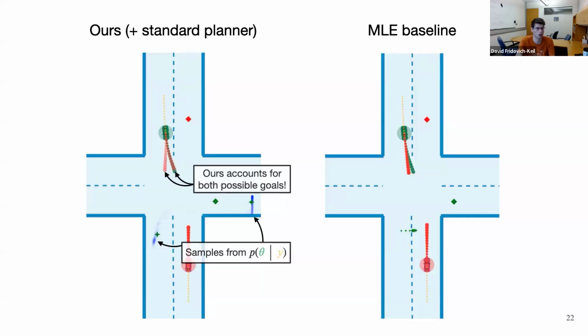It's not really the point of the paper, but it illustrates how you could use this posterior distribution in a generative way. What we end up doing is accounting for all the possibilities.